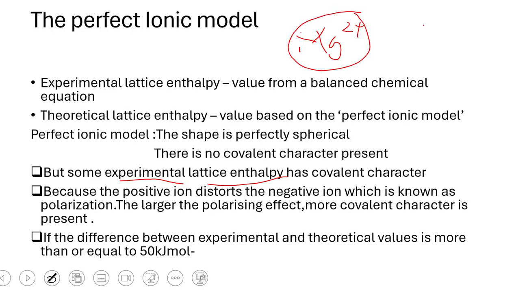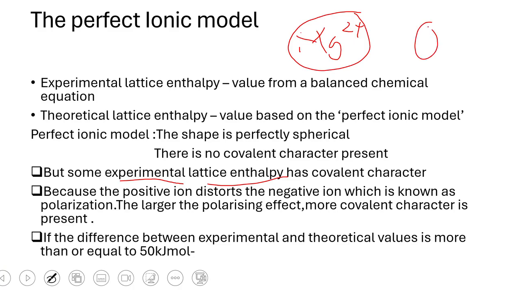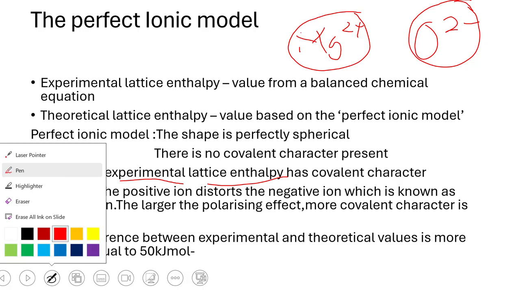So if this was Mg2 plus, and this is O2 minus, at the beginning, let's assume this was a perfect sphere for both of them. After some time, it will change to this size.